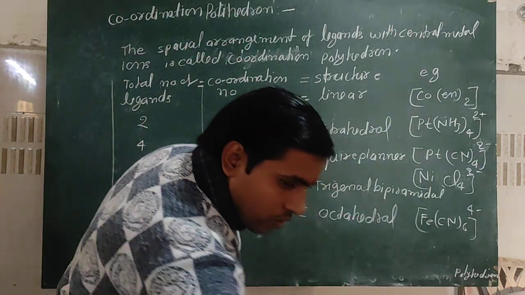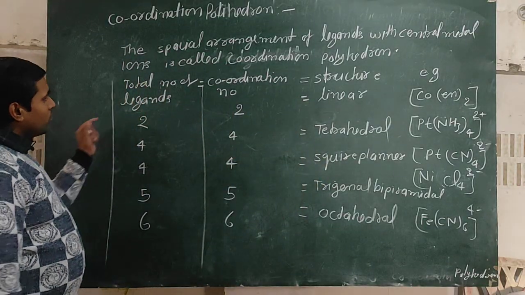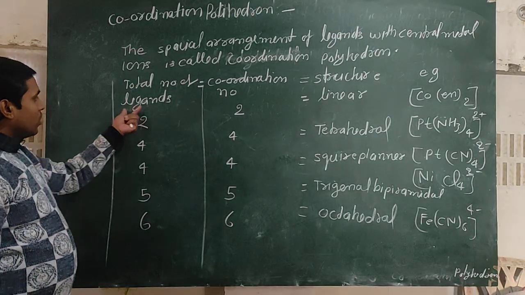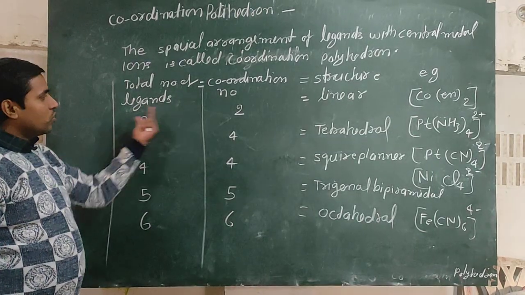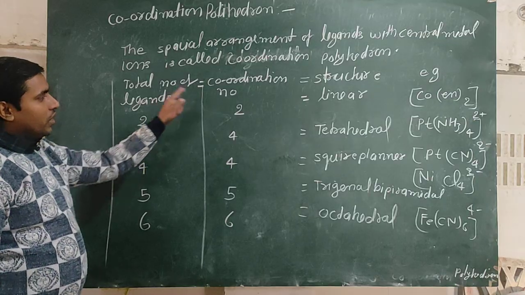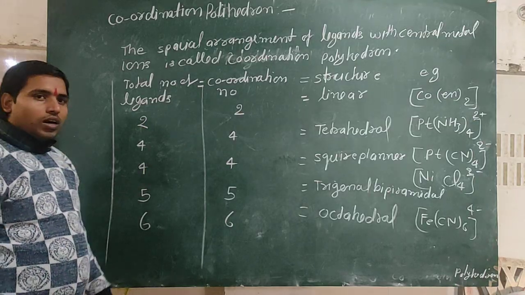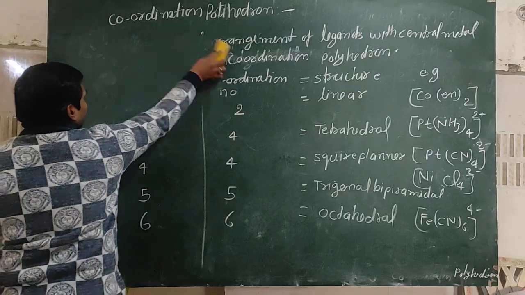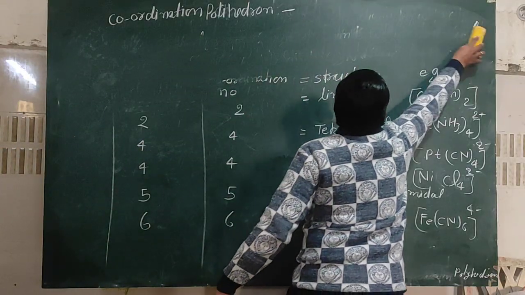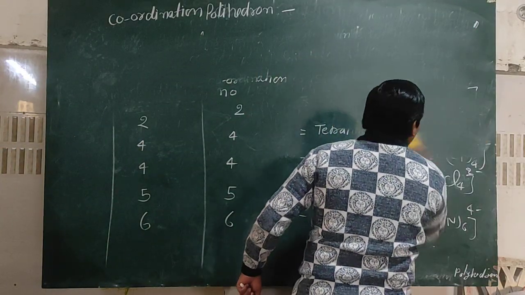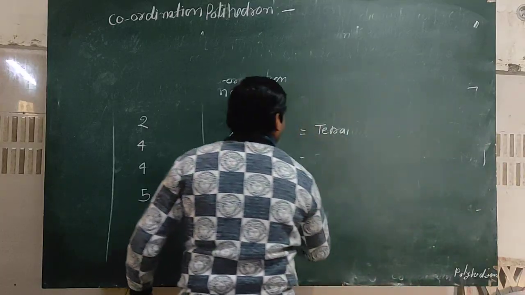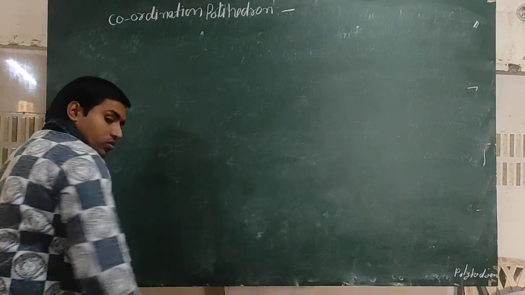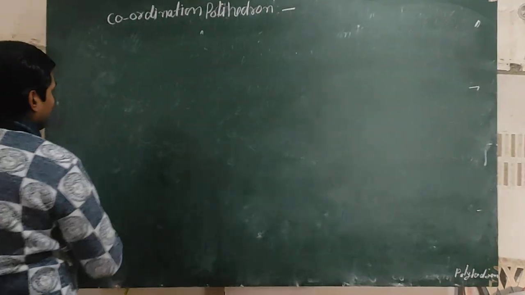After discussing that the coordination number and total number of ligands are equal to one another, and it gives an idea about the structure of complexes, we can discuss different types of structure of the complex compound, and we can also write the geometry of complexes.